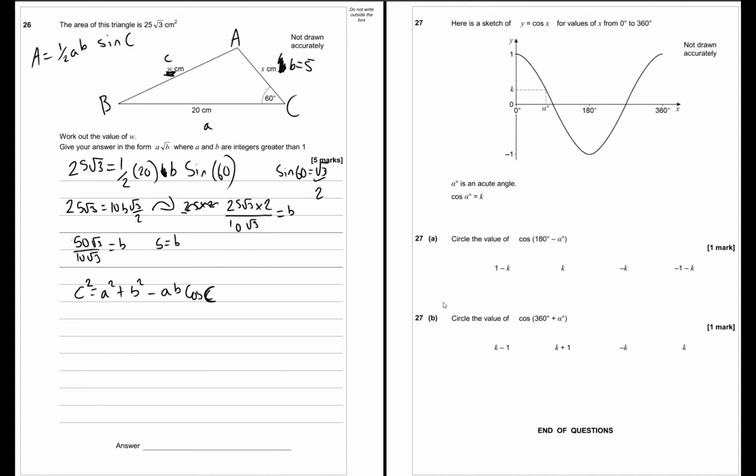We don't know c because that's what we're trying to find, so c squared we're going to leave, a squared, so that's going to be 20 squared plus b squared, which is 5 squared, minus 20 times 5 times cos C, and we know C is 60. So cos of 60 we know is 1/2. So let's rewrite and simplify this line. So c squared is equal to 400 plus 25 minus 100 cos 60. And cos 60 is 1/2.